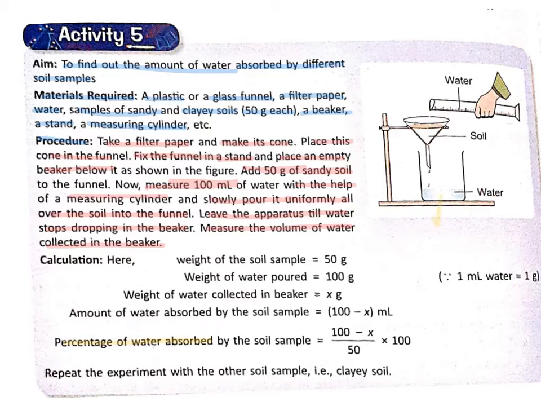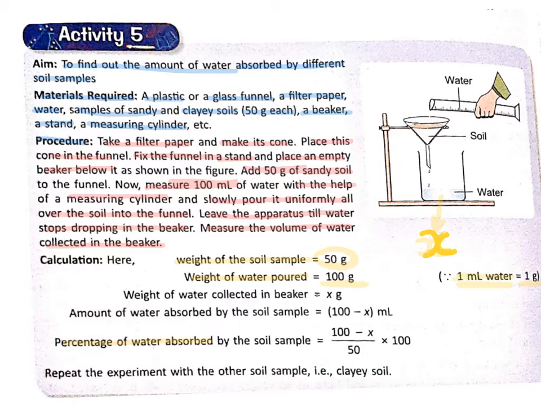So let us take this water as X. The amount of water collected in the beaker is taken as X. Weight of the soil sample was taken 50 gram. Weight of the water poured was taken 100 ml. And I hope you know 1 ml of water is equal to 1 gram.